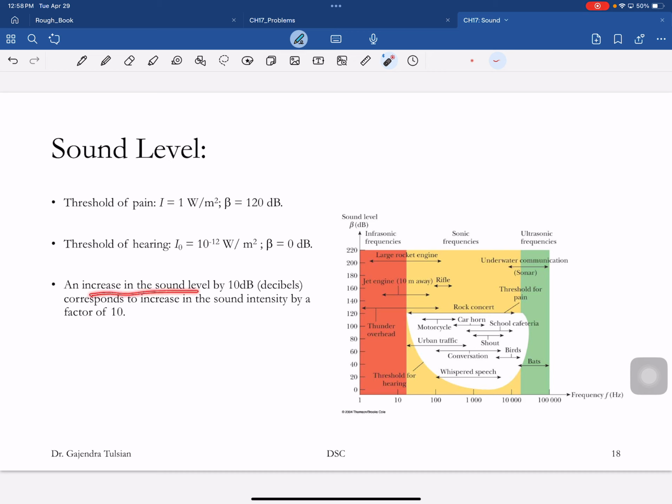An increase in sound level by 10 decibels corresponds to an increase in sound intensity by a factor of 10. So if you have a 5 dB sound, 15 dB will sound twice as loud, and 25 dB, 35 dB will sound twice as loud.